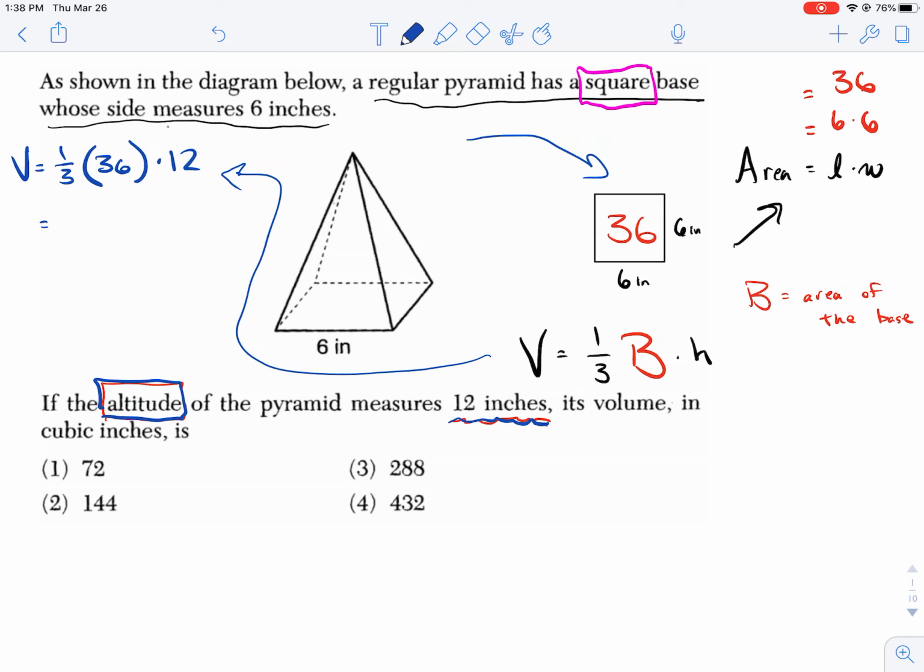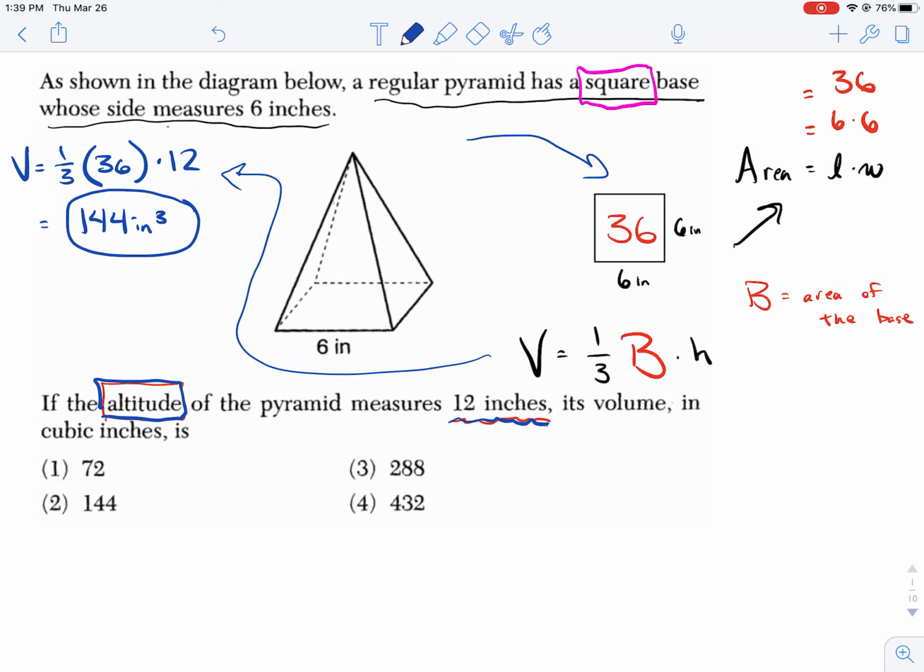Just plug that into your calculator. And you get 144 inches cubed. Okay, make sure you include your units. Otherwise the Regents will mark you wrong.